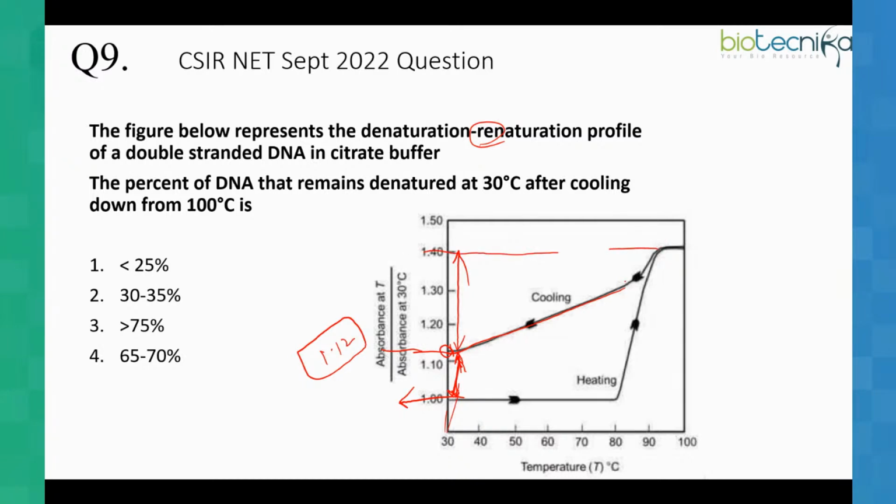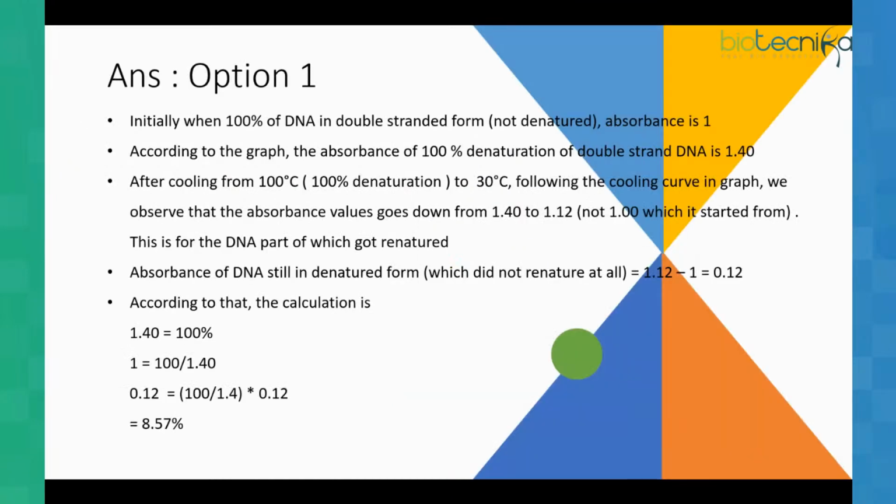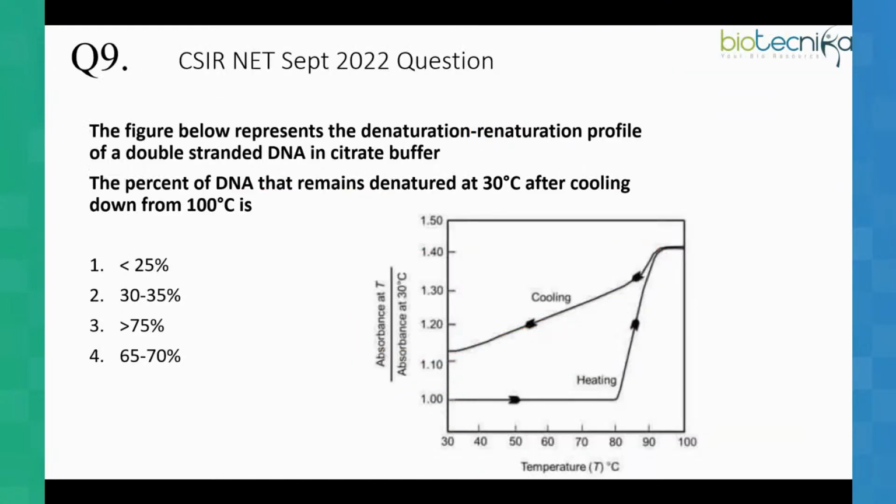So you have to find out how much denaturation 1.12 means. You just have to find the percent of DNA that remains denatured at 30 degrees after cooling down from 100 degrees. We cannot take 1.12 directly. What we have to take is the difference, that is 1.12 minus 1.